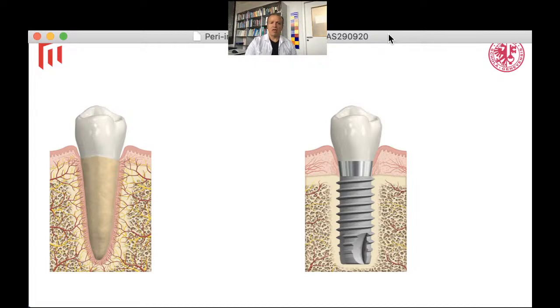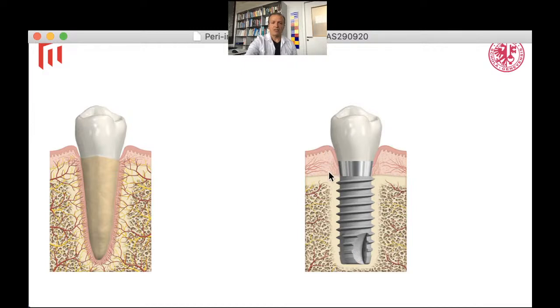In the marginal periodontal tissues, we have collagen fibers running in different directions around the tooth, relative to the long axis of the tooth, and of course we have the periodontal ligament. Comparing to the marginal peri-implant tissues, here you have a lot of collagen fibers running parallel to the implant axis.